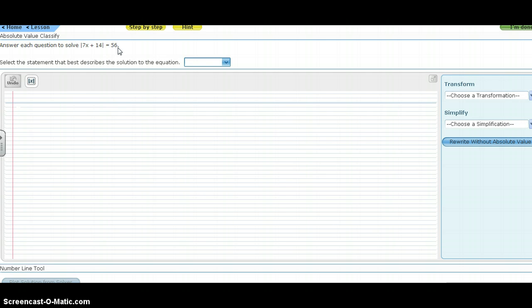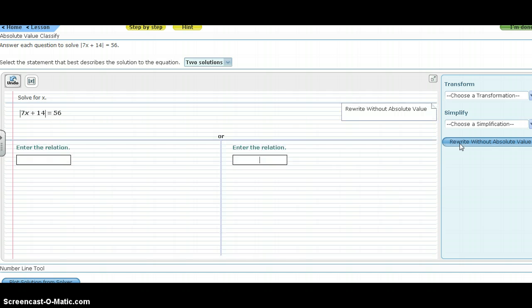We look at our solution here, again, not 0, not negative, so that has to be two solutions. So it writes it here, okay? Then we want to rewrite these without the absolute value brackets to solve. So we hit this button here, okay? So we're going to write the two equations we want to solve.